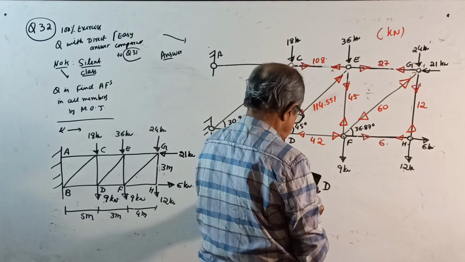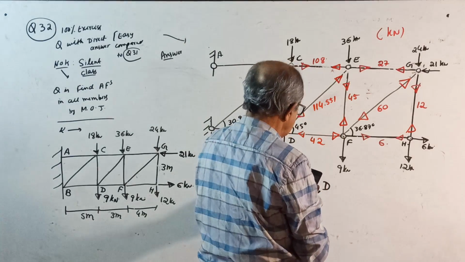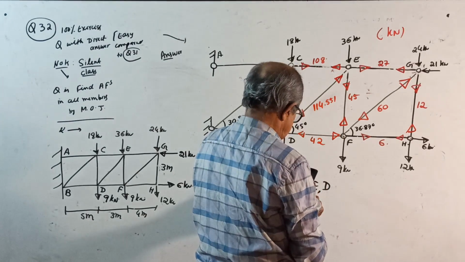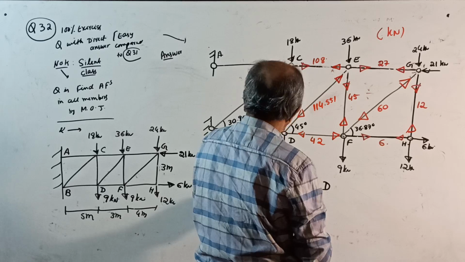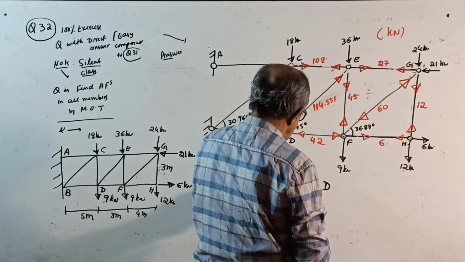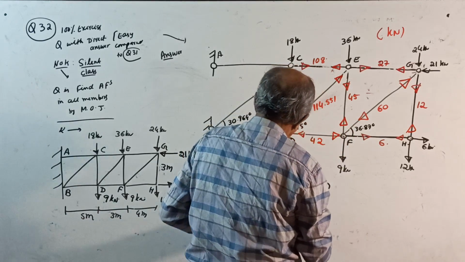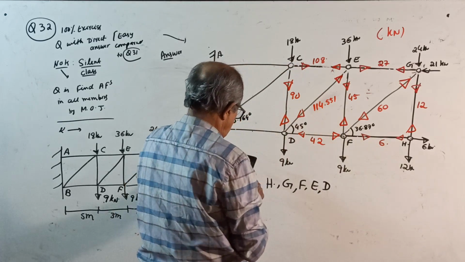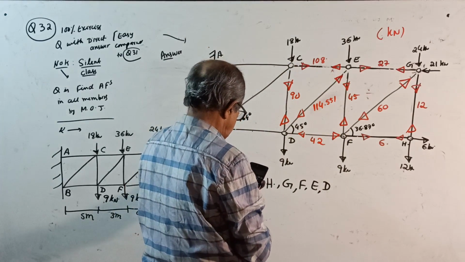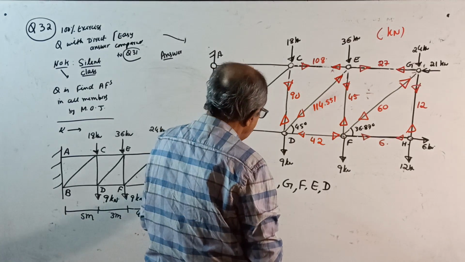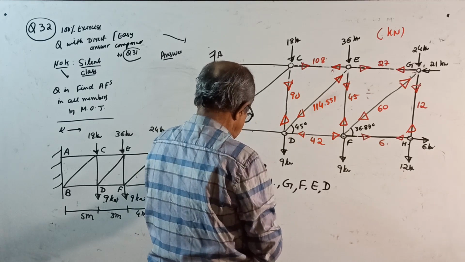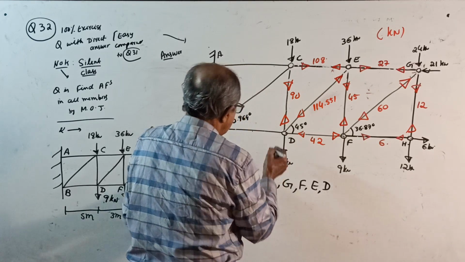Plus 9, 12 plus 24 plus 36 plus 18, 108. Yes, correct, 90. 114.551 into cos 45 is 81 plus 42 is 123.